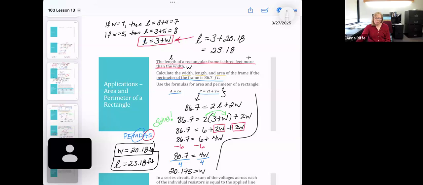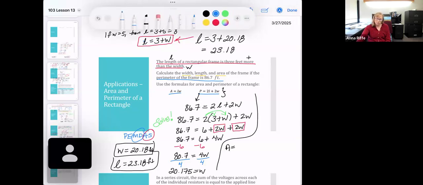To find the area now, and this is where that unrounded version is probably helpful, I'll go ahead and note that up here. For length, 23.175, if you want to use the unrounded version. To find the area, I am going to multiply length times width.